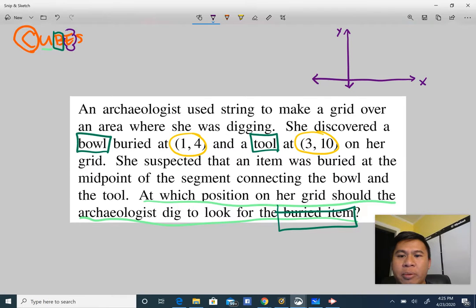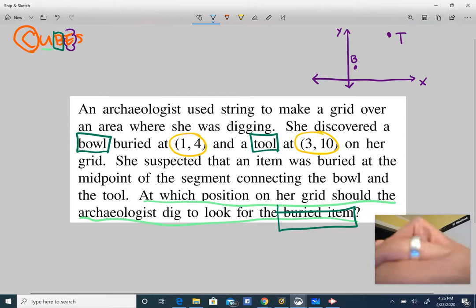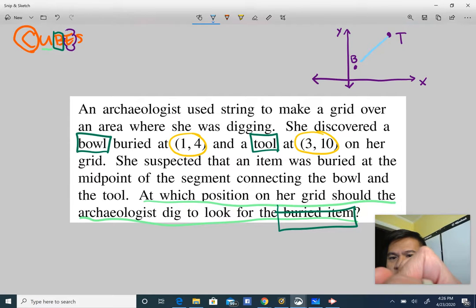Just creating a rough draft. Let this be the point (1, 4) for the bowl, let's call it letter B. And (3, 10) will be for the tool, let's call it letter T. Now let's connect these two endpoints with a line segment.